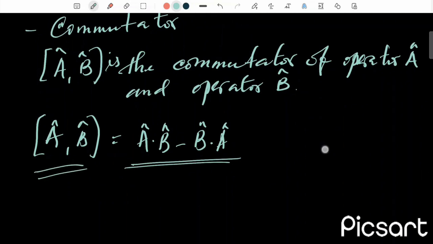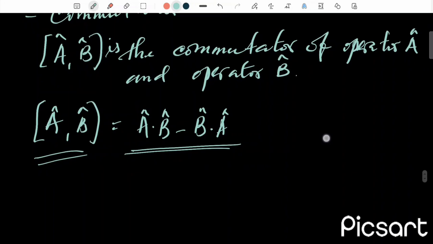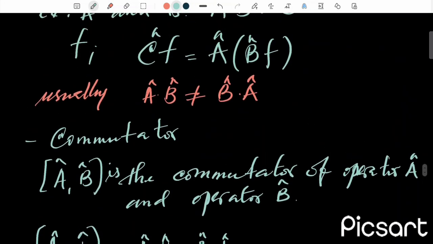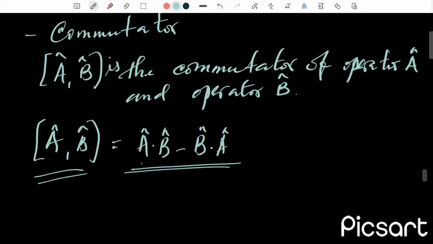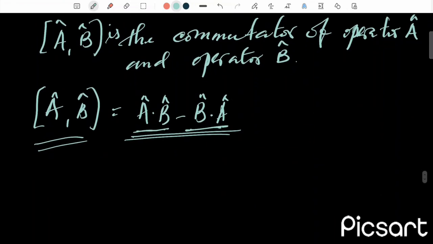As we mentioned previously when we talked about the product of two operators, generally this product is different to this one, but there is a class of operators that satisfy the relation written as the commutator of operator A and operator B is equal to 0.